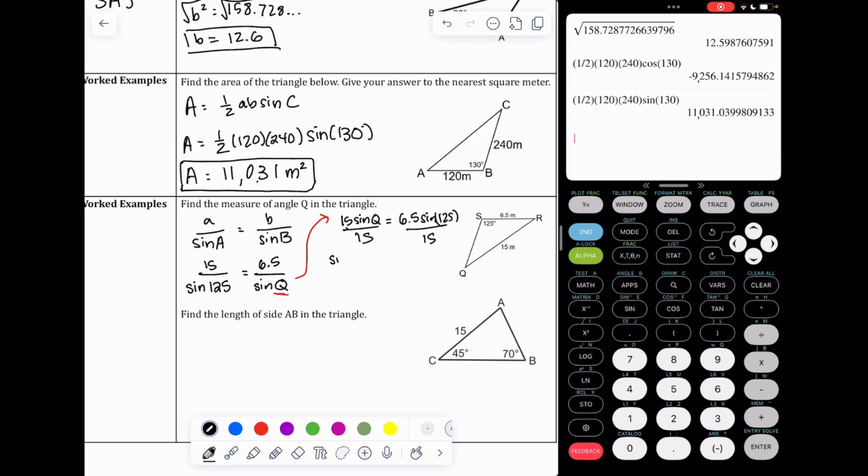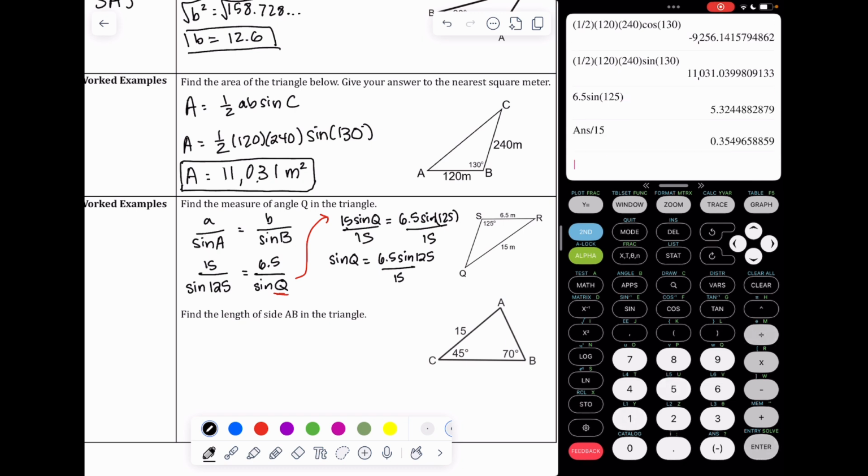So I'll get sine of Q equals all of that stuff. At this point, we could go ahead and find out what actually is all that stuff. So if I do 6.5 sine of 125 divided by 15, I get all that. So sine of Q is equal to 0.3549... It keeps going.